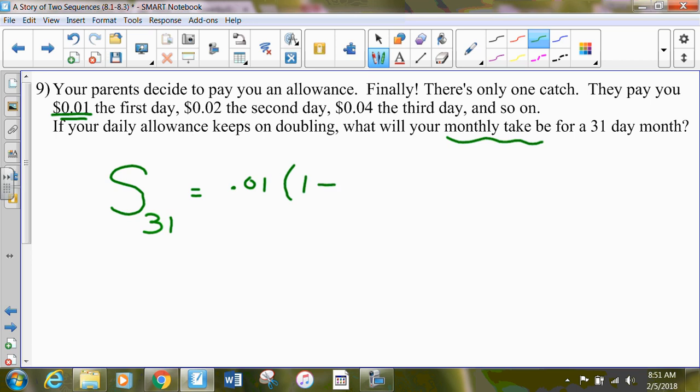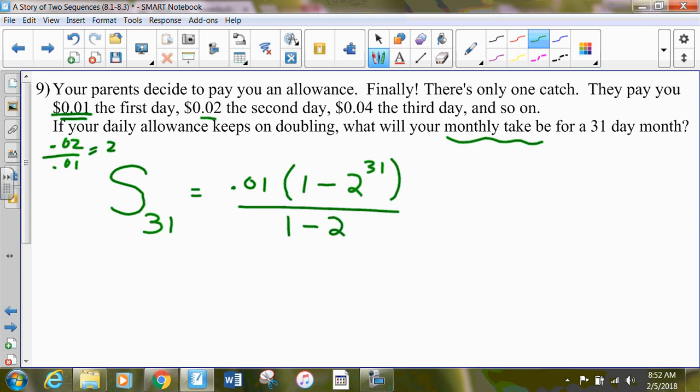Since I'm doubling, if I wanted to do it the old-fashioned way, divide the second term by the first, I would still get 2. So my common ratio is 2, and we're going to raise it to my n, which is 31, and we're going to divide it by 1 minus the common ratio.